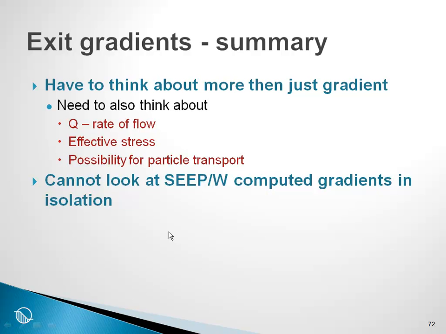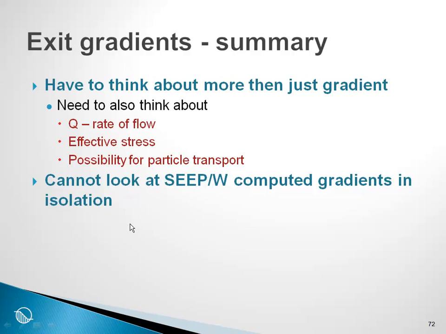And there is also obviously the issue of the possibility of particle transport, which relates to grain size distribution and colloidal particles and so forth. So we cannot look at SEEP-W computed gradients in isolation.